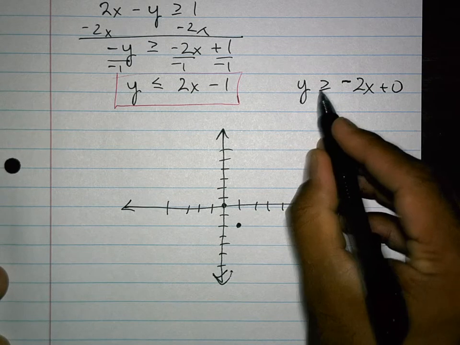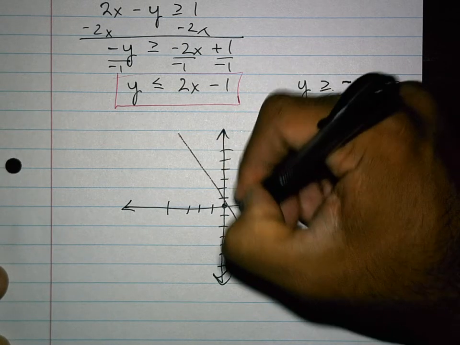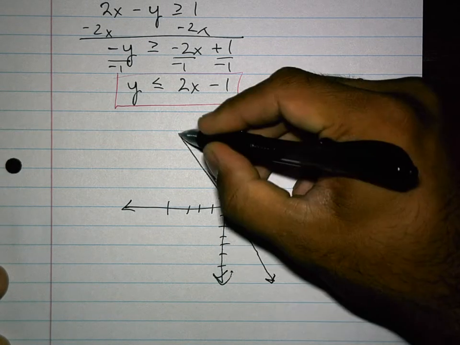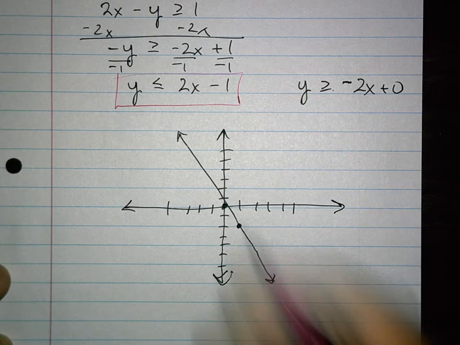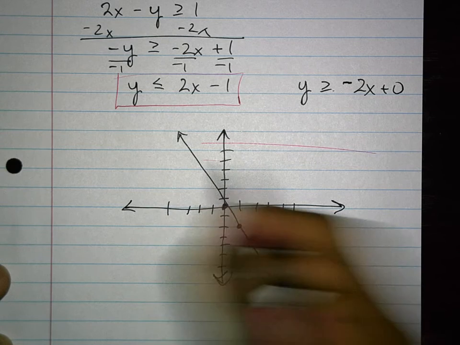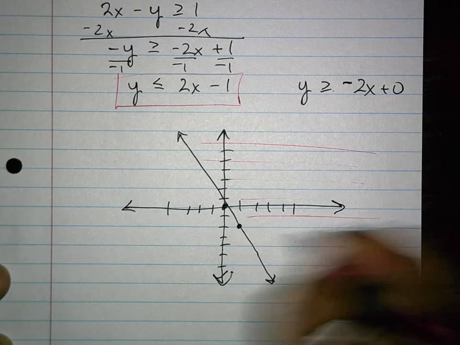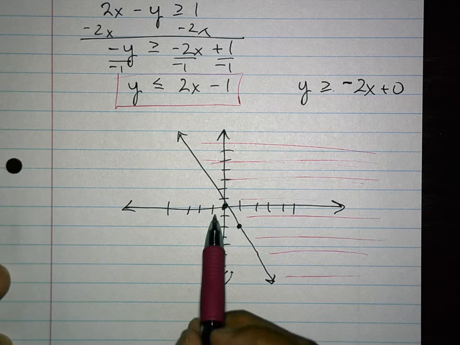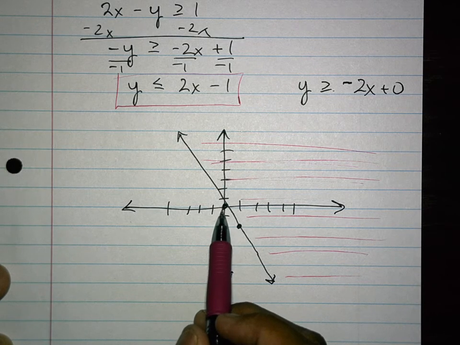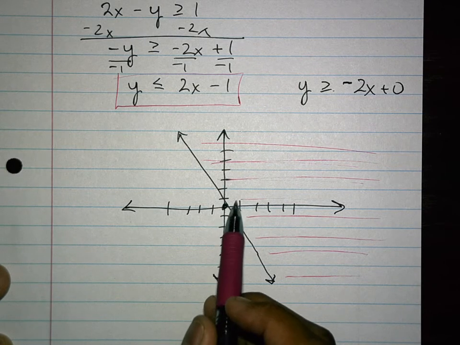This is a solid line because it has an or equals to. The y's are greater than, so I'm going to shade up here. The big issue here is if I want to test a point, I can't really test 0, 0 because the line goes through 0, 0. So test the point like 1, 1.